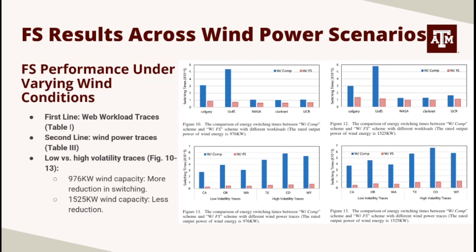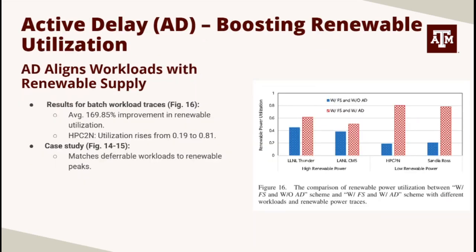Active delay tackled the second challenge: inefficient renewable power usage. By intelligently scheduling deferrable workloads, it increased renewable utilization by an average of 69%. For example, in the HPC2N trace, utilization jumped from just 19% to 21%.